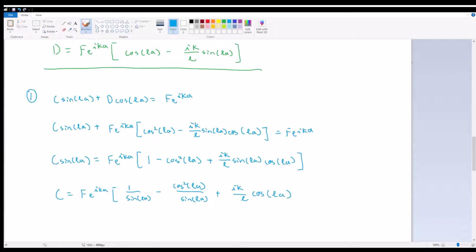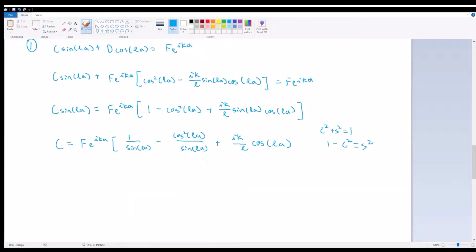We can take advantage of a trigonometric identity here. I just don't remember what exactly it is, so give me 1 sec to search up the trig identity for what 1 minus cosine squared actually equals. Well, okay, so cosine squared plus sine squared equals 1. So 1 minus cosine squared is then equal to sine squared.